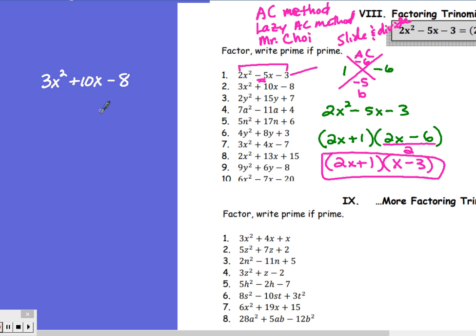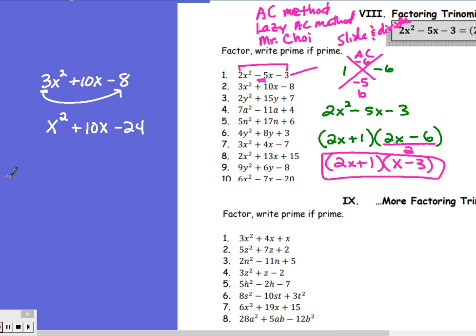Okay, so slide and divide says you take the 3, multiply it times -8, and we're going to make this problem into a problem where a is equal to 1. x squared plus 10x. So we take away the 3. 3 times 8, -24.